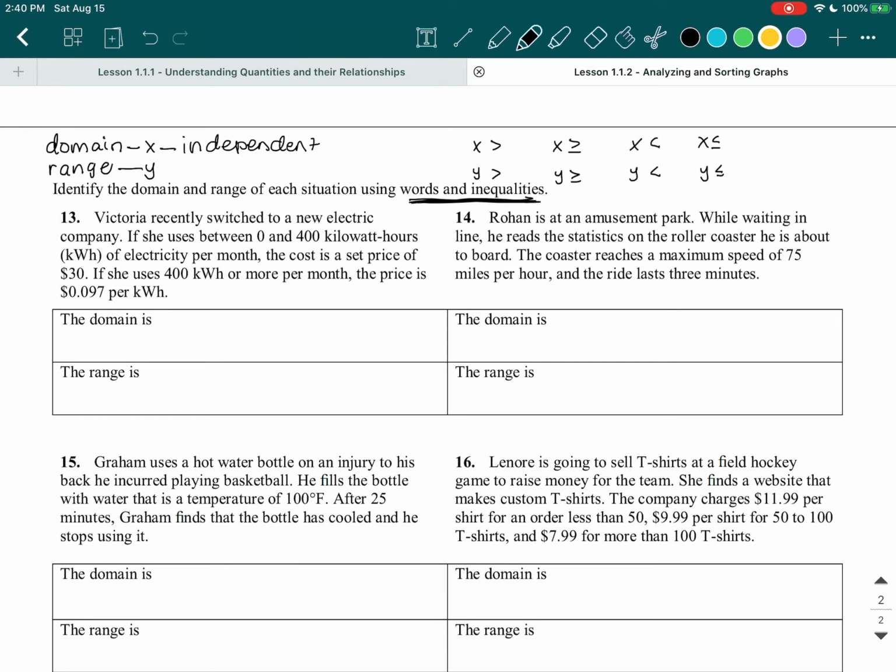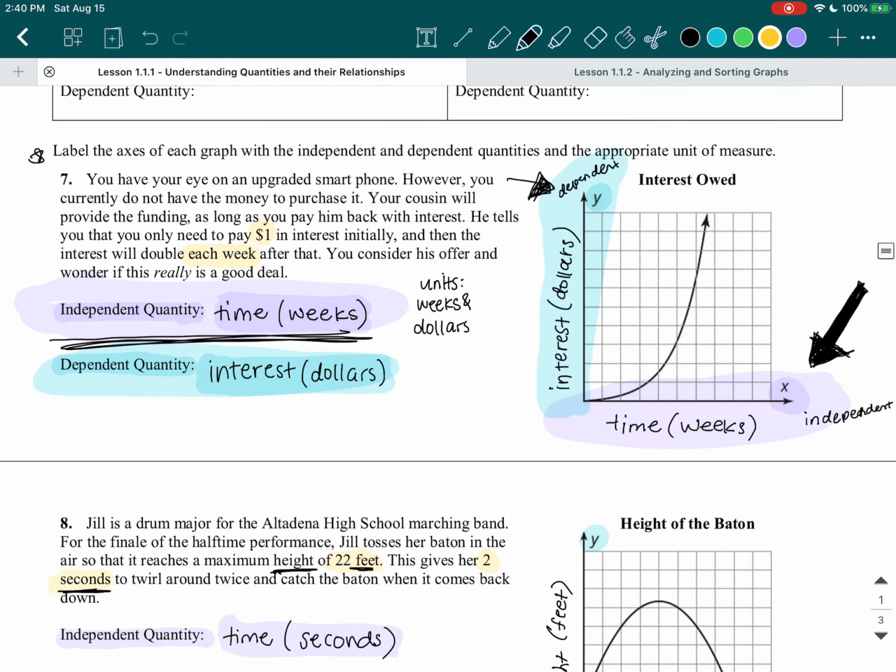Now let's figure out range, y, and I'm sure some of you are guessing it already, but I want to really point it out. We found our dependent quantity and we placed it on the y-axis. So dependent quantities go on the y-axis.